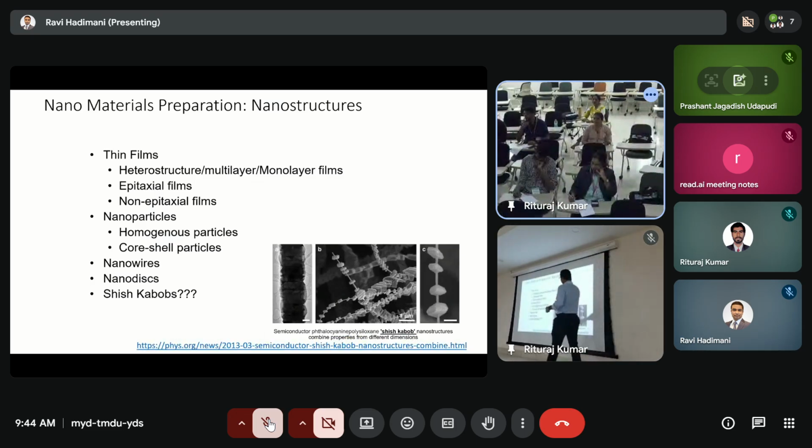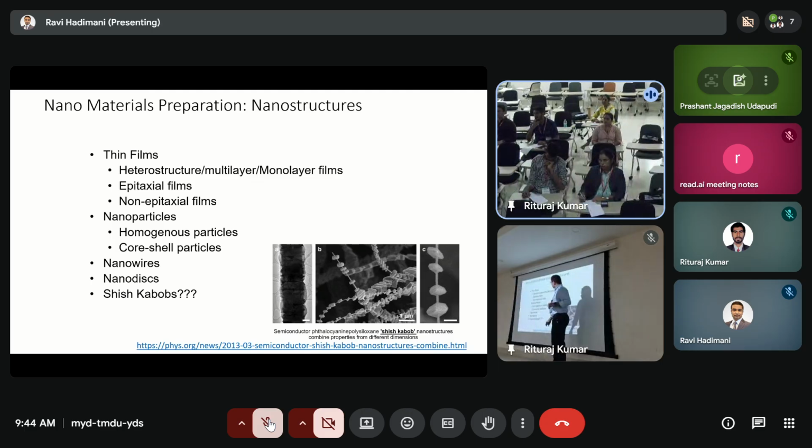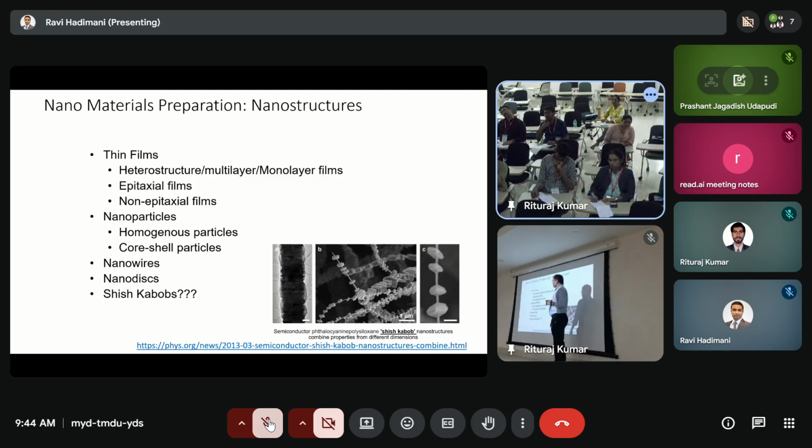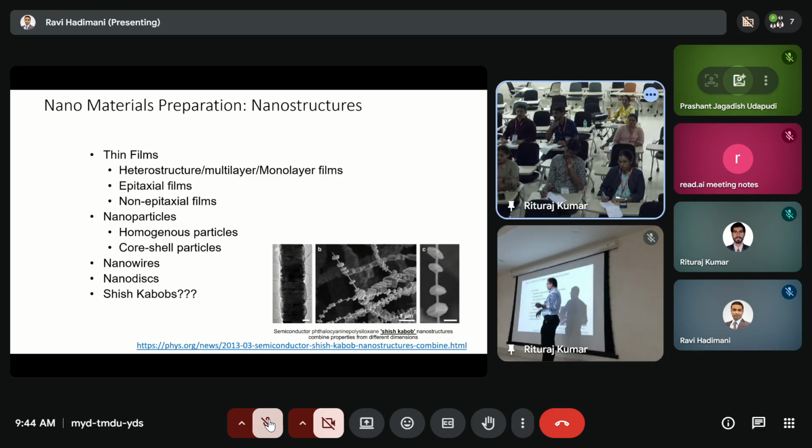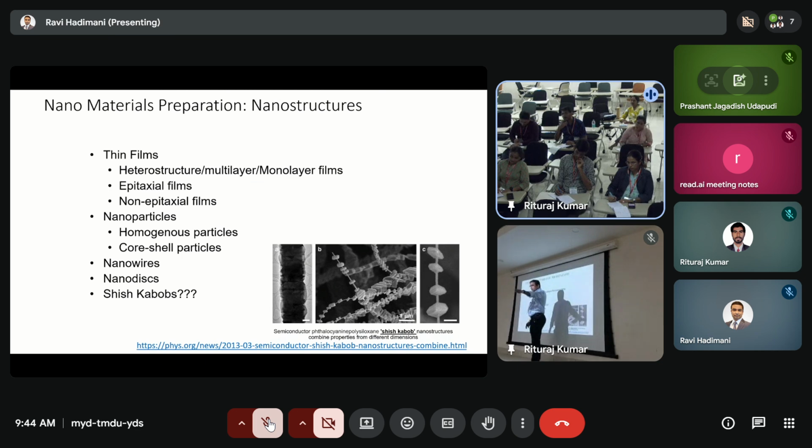Within thin films, you have different types of thin films. If you have multiple layers, then you have heterostructure thin film, you have monolayer, single layer thin films. Epitaxial thin film means all the material is in specific crystal orientation.